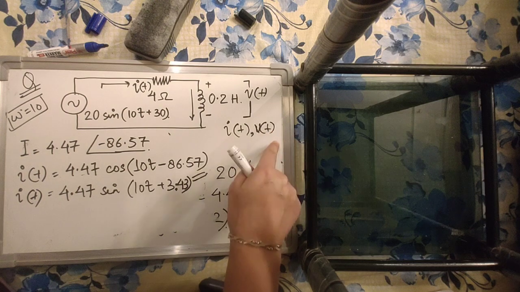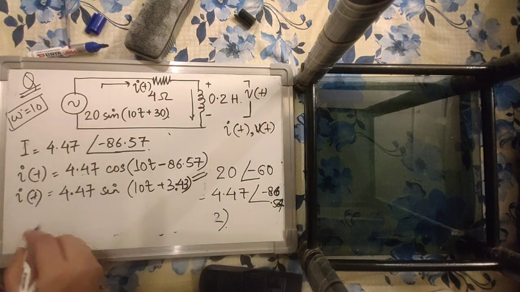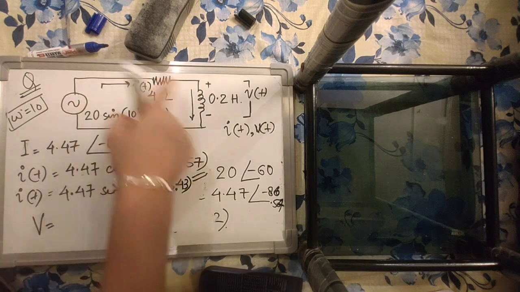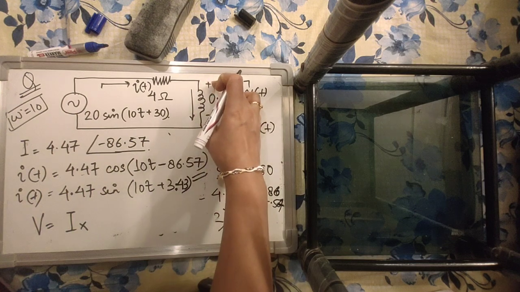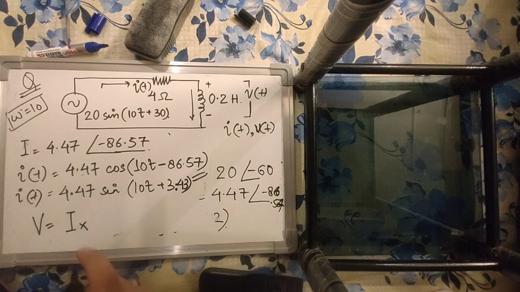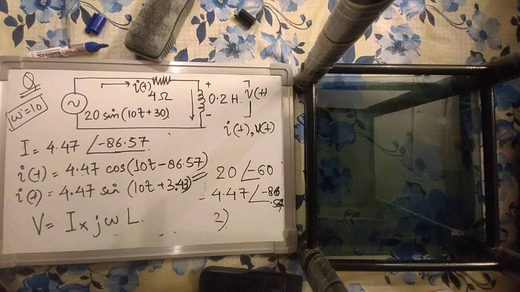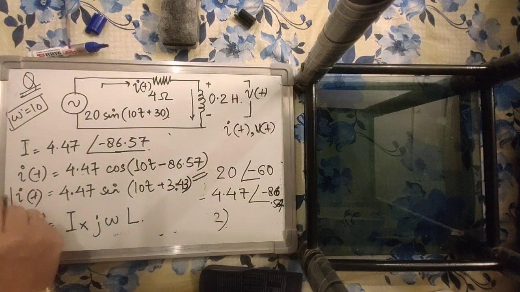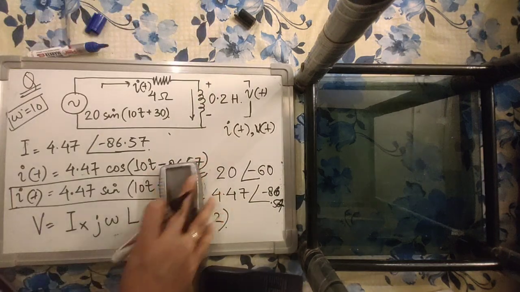Now I have to find v(t). v(t) I can find, again use phasor analysis. The phasor V will be equal to the current flowing into the circuit into the impedance offered just by the inductance, because that is the voltage across the inductance. So V will be I into j omega L, right? My I phasor I have already calculated, this is one of the answers, so I'm removing it for now because I don't have space.